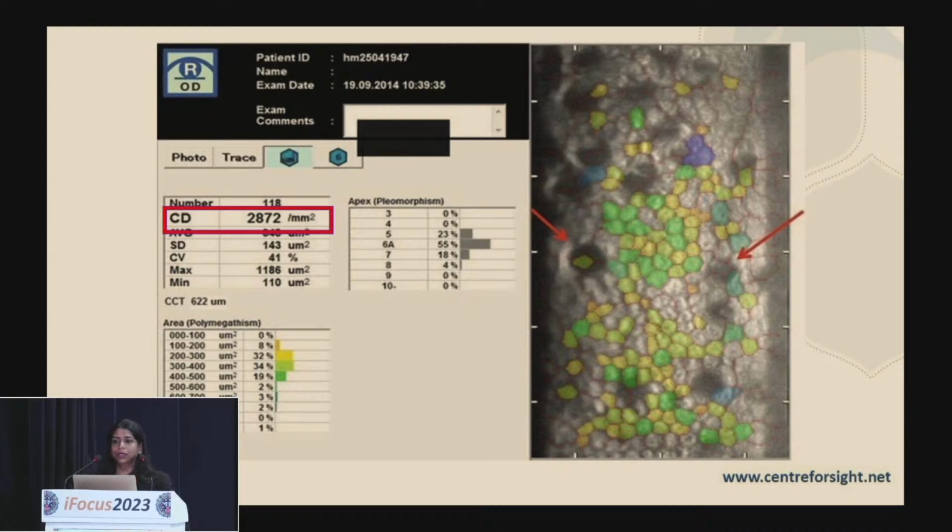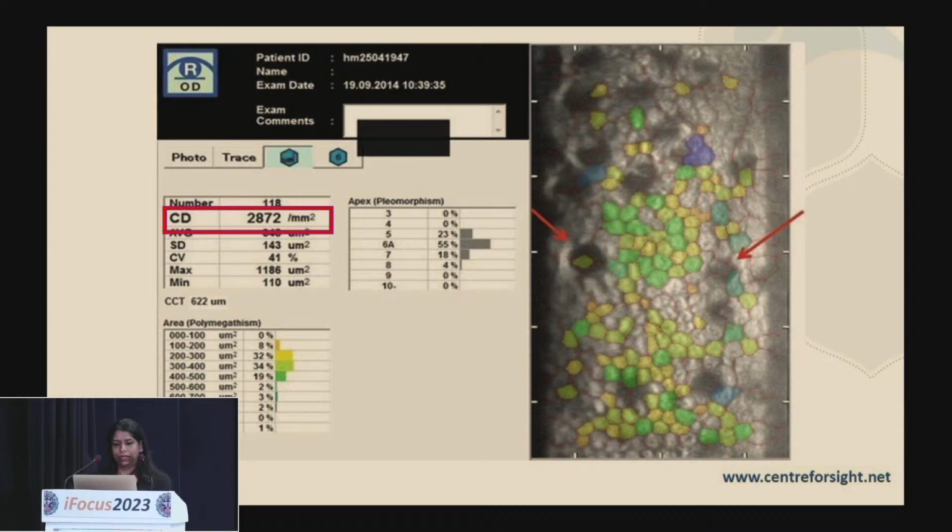You might think that good cell density means the endothelium must be good. No, because they have calculated it with the automatic method. Wherever the cells are, the machine calculated those areas. It has not calculated the area where the cells are not there. So it can be misleading.